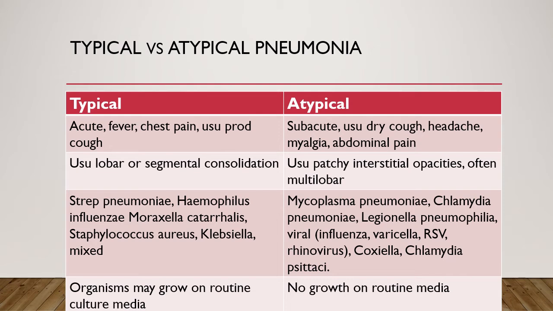The organisms that cause typical pneumonia grow on routine culture media, but still the culture yield is low in practice because patients have already taken antibiotics, or generally blood cultures are not very sensitive. But if there is a growth, usually it's strep pneumonia, Haemophilus, Moraxella, Klebsiella. So these are the differences between typical and atypical pneumonias.